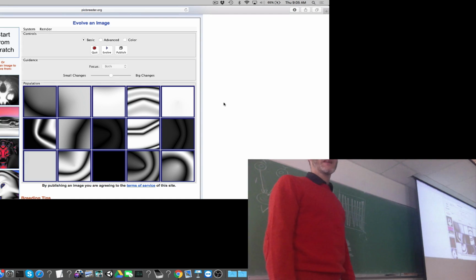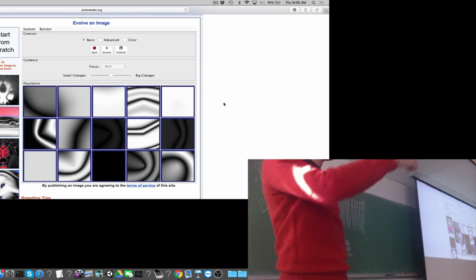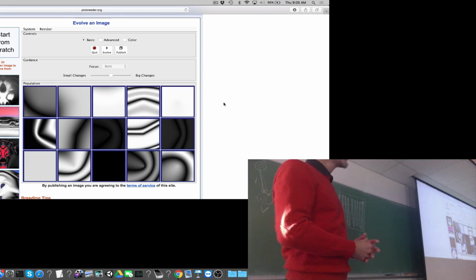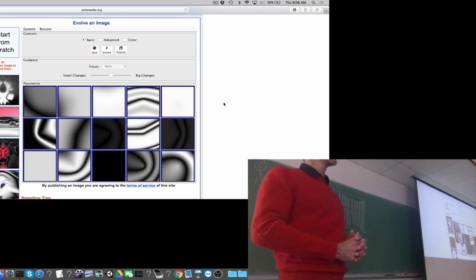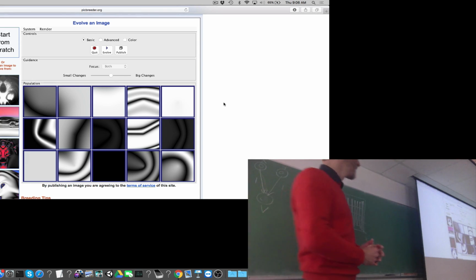What's that? A coordinate system. What lies behind the coordinate system? The HTML button. Yes? Oh, a neural network? A neural network. There's one of these compositional pattern producing networks, right, behind this.